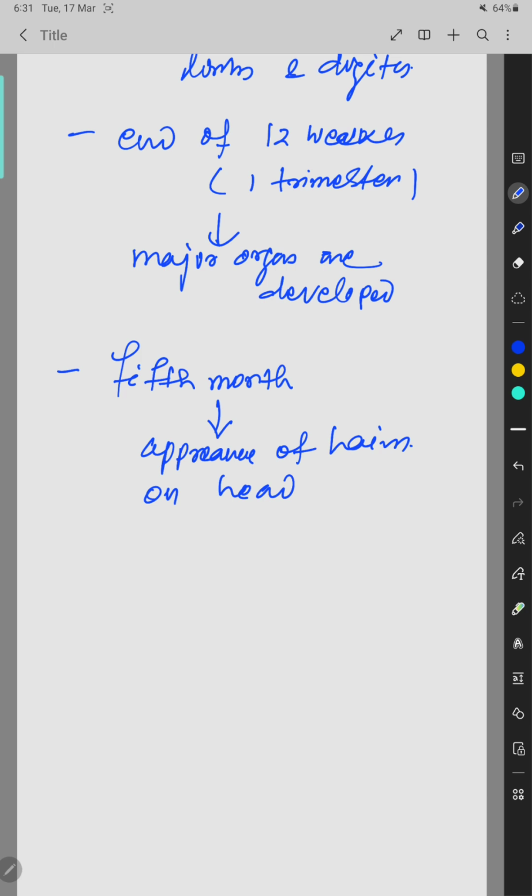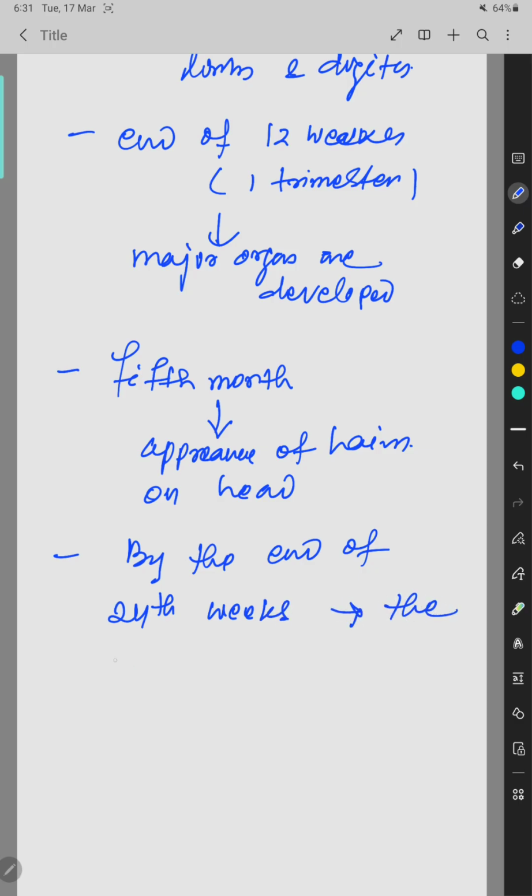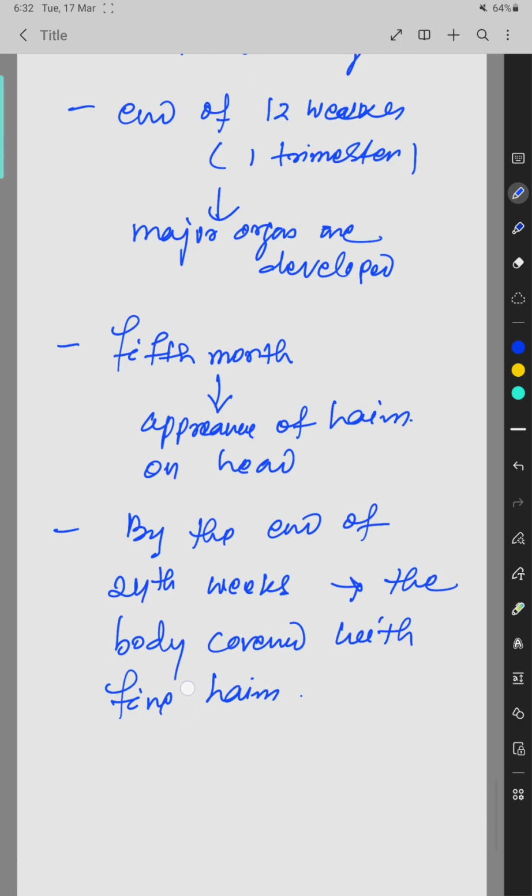Okay, and by the end of the 24th week, the body is covered with fine hairs. Okay, and by the end of 9 months, the fetus is fully developed and ready for parturition.